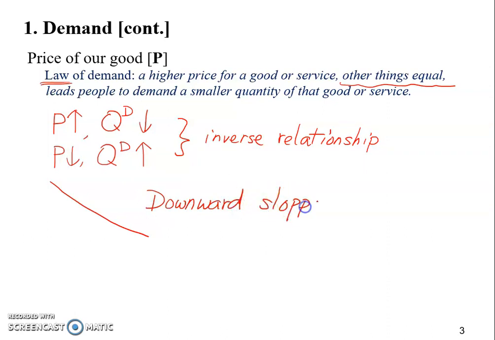At this point, it might be more clear to you that the downward sloping curve, the inverse relationship, and the law of demand are equivalent things. These are just interchangeable ways for us to show the relationship between the price and the quantity demanded.